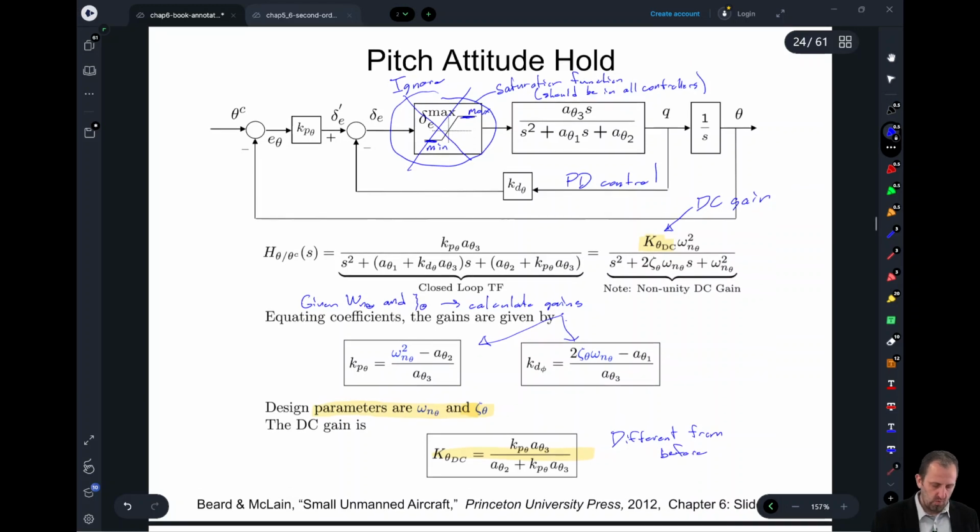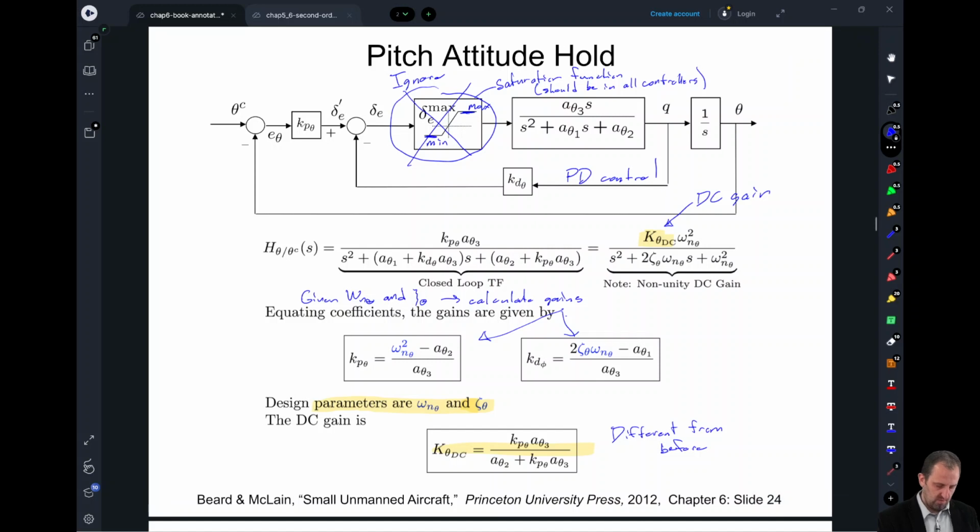Now, we could fix this gain using an integrator. But again, for the inner loop, that's a bad idea. We don't want to introduce instabilities or additional dynamics in that inner loop.